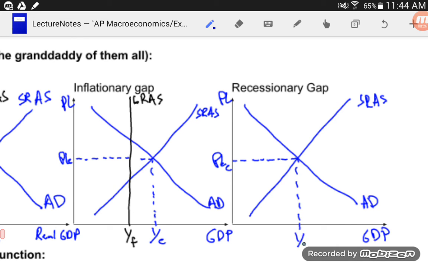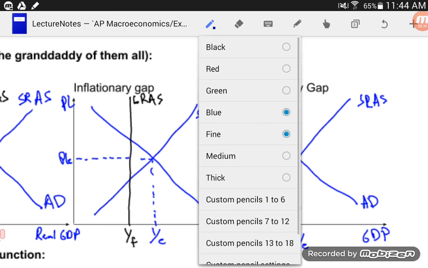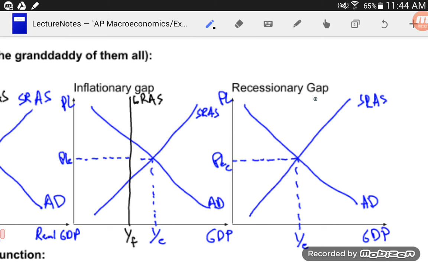Equilibrium quantity. If we are in recession, that would mean we're actually below full employment. So if this is the long-run aggregate supply, how much stuff we could produce if everybody was working, we are currently producing at a level that's below the full employment level.